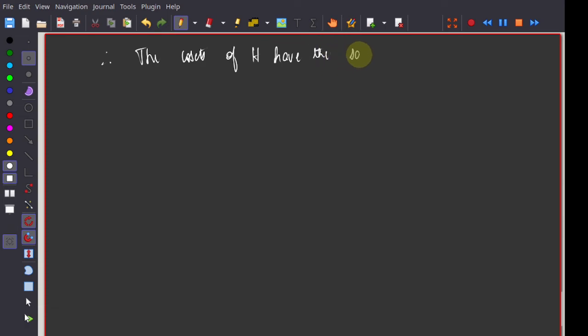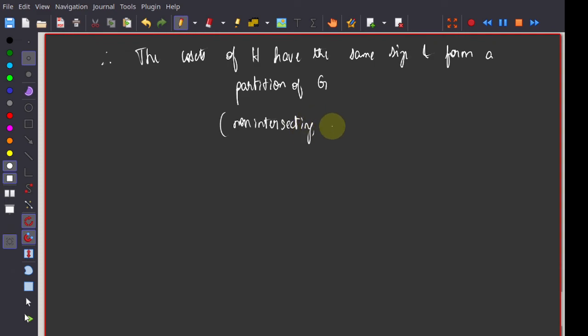The cosets of H have the same order, the same size. They form a partition of G. Okay.